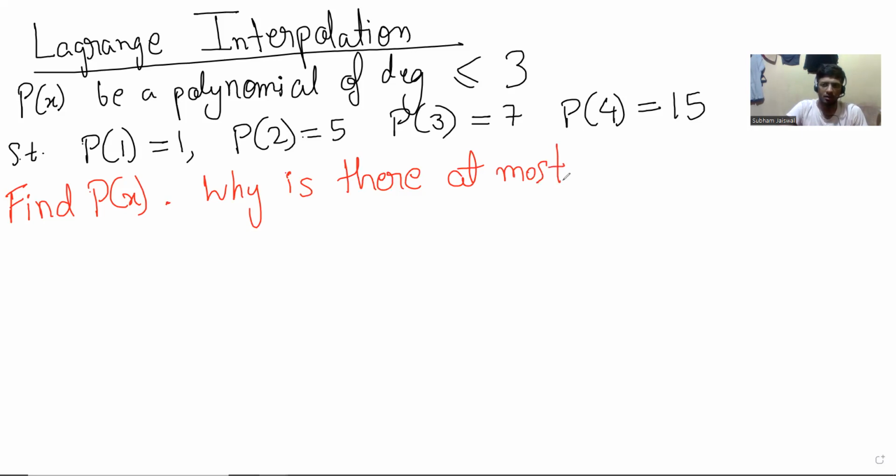This is also something that we have talked about earlier, but why is there at most one such polynomial? And when we find it, then it will be exactly one. Anyone? Let's answer this second question first. It's more qualitative.